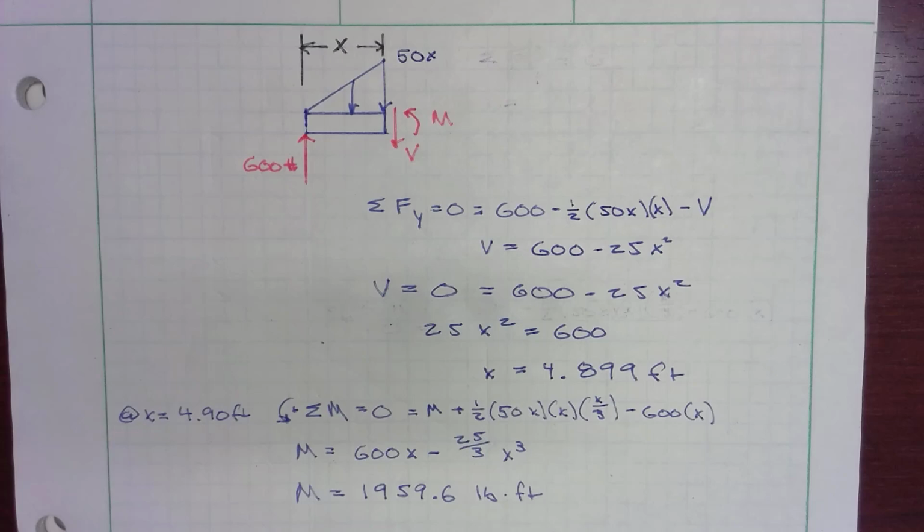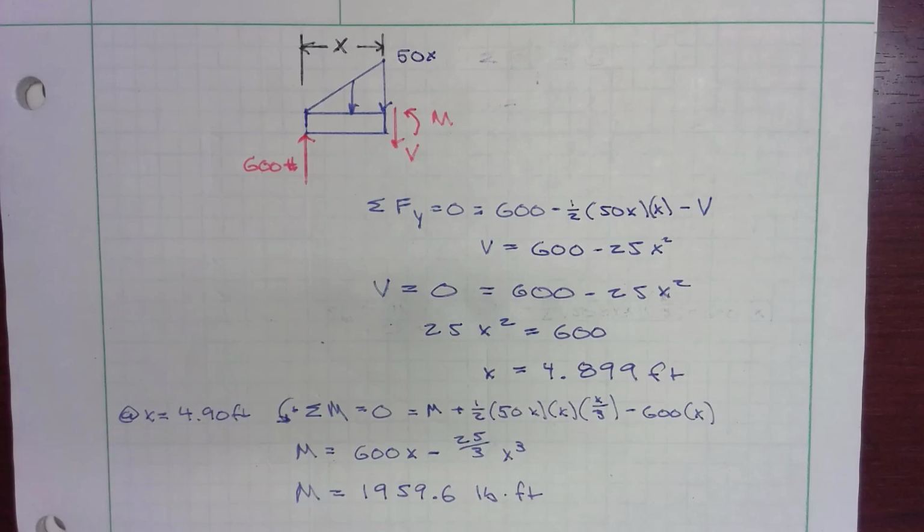That's the force of that non-uniform load. And I'm going to then multiply by the distance, which in this case is 1/3 x, the moment arm. And then minus 600x.